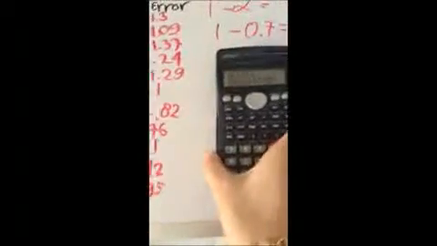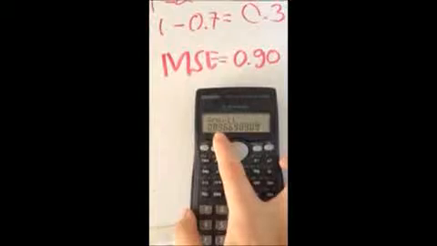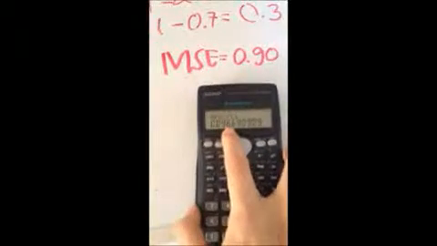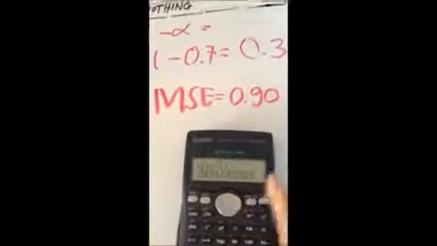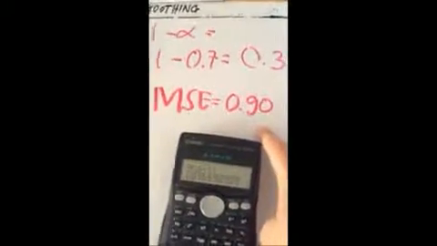So the MSE is 0.89, and then so on. So we are going to round it off. It becomes 0.90. So here is the 0.90.